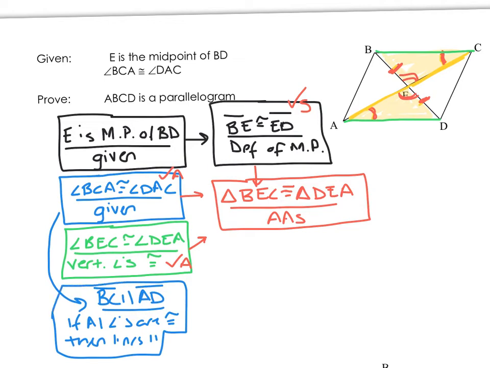Okay. So then I can also state, knowing that these two triangles are congruent, I also know that BC is going to be congruent to AD because of CPCPC.